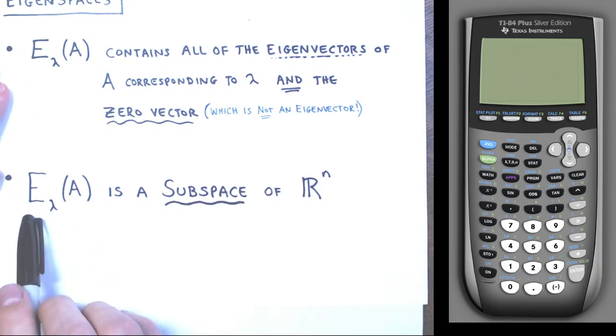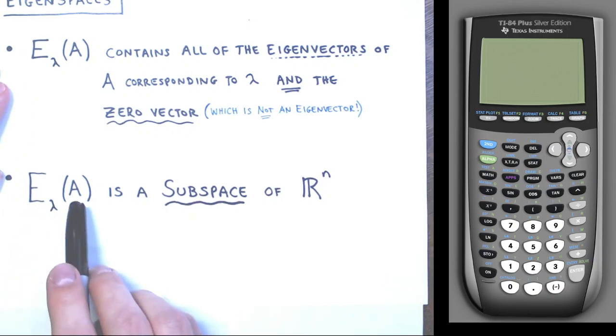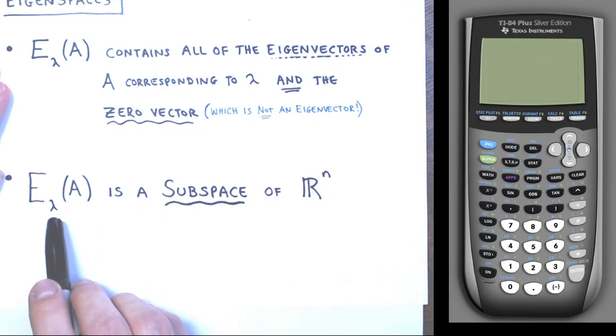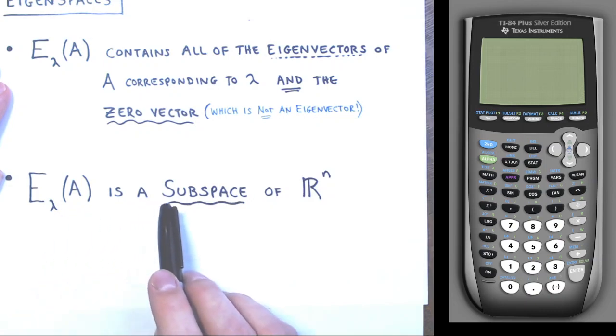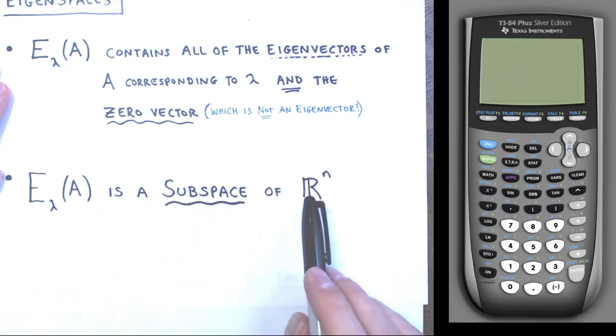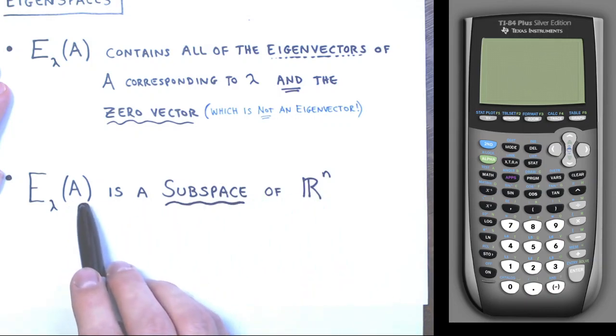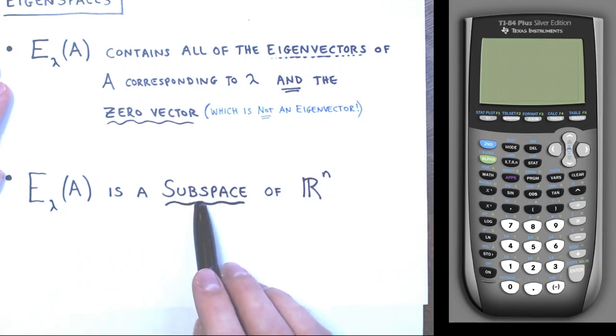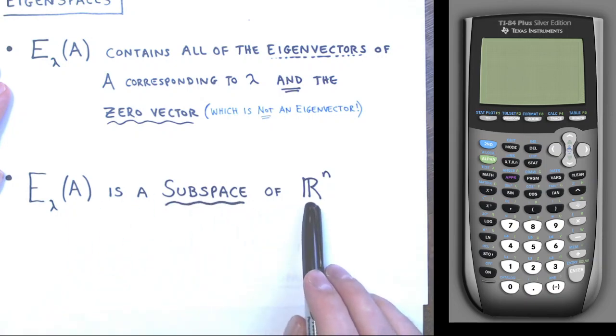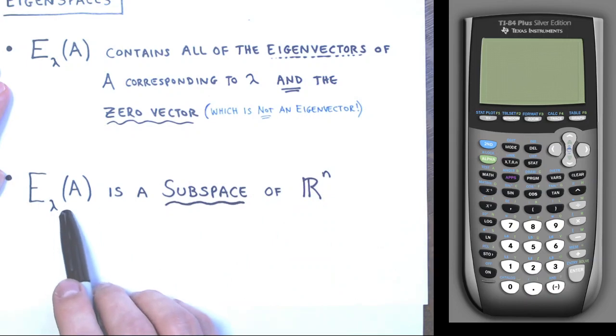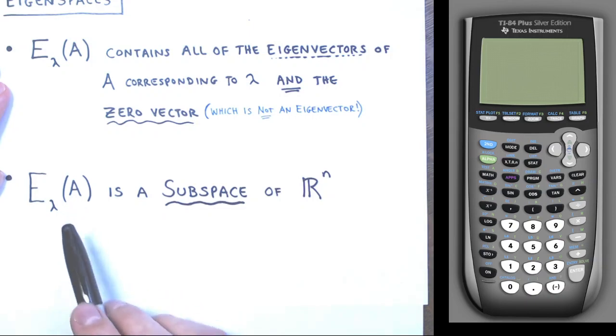As I said earlier, the eigenspace of A corresponding to lambda is a vector space, and it's a subset of Rn if A is an n by n matrix. So this is a subspace of Rn, meaning it's not empty, because the zero vector's in there, and matrix A should have at least one eigenvalue, which will have a non-zero eigenvector associated with it.